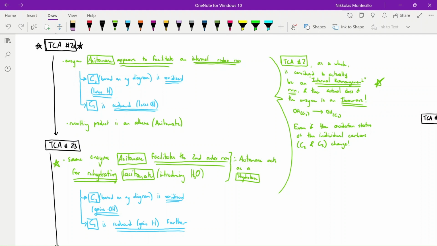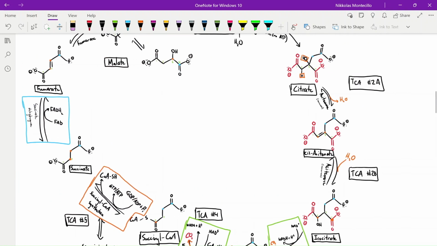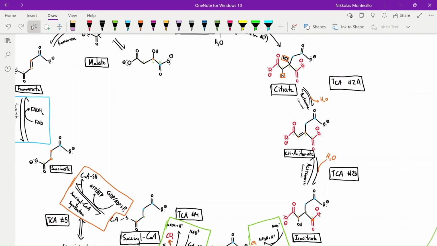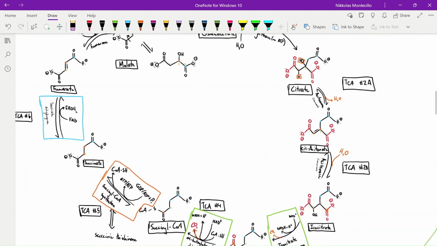But the problem is that the overall oxidation state of the entire compound, citrate and isocitrate, their relative oxidation states remain the same, right? All that changes is which atom is connected to which, right?